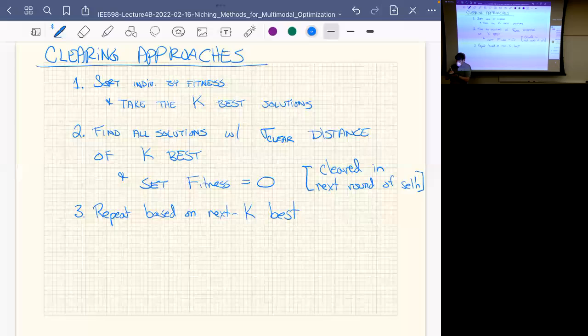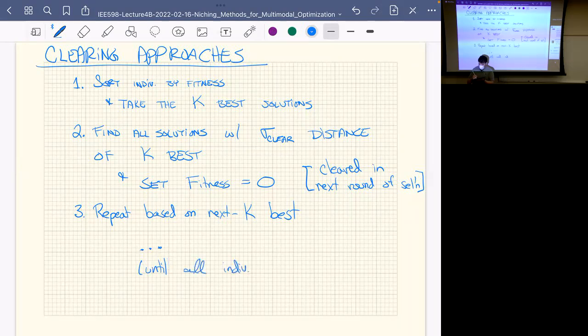And we do that until all individuals are considered. That's clearing. So you start with the top K and clear who's around them. You're left with some others that still have non-zero fitness beneath those K. You look around them, clear who's around them, and so on.